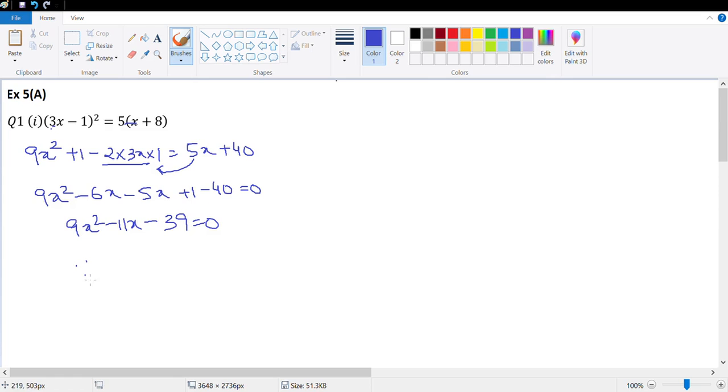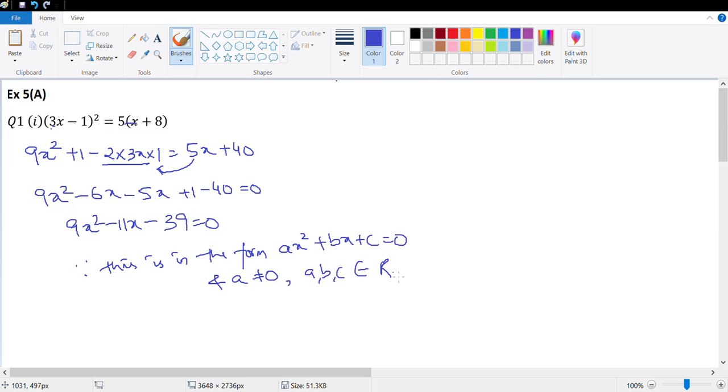Since this is in the form ax squared plus bx plus c is equal to 0 and a is not equal to 0, a, b, c belong to a real number. Therefore, 3x minus 1 whole square is equal to 5 times x plus 8 is a quadratic equation. Very simple.